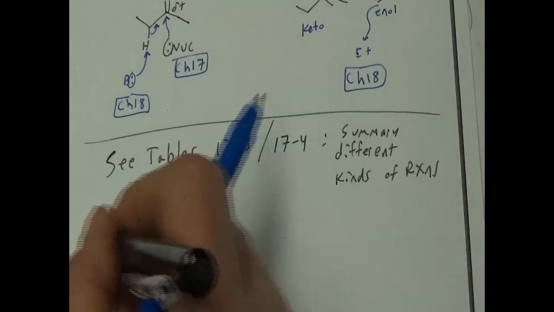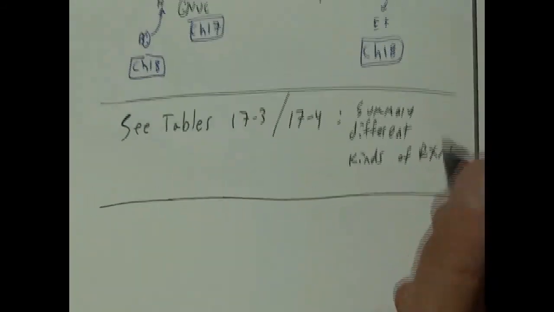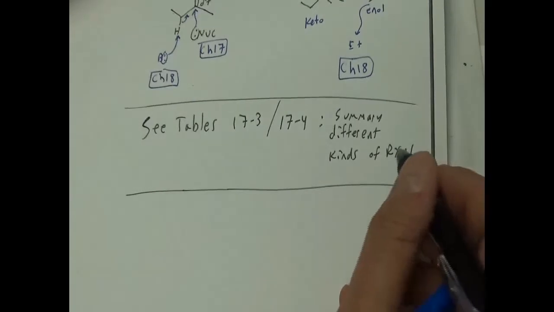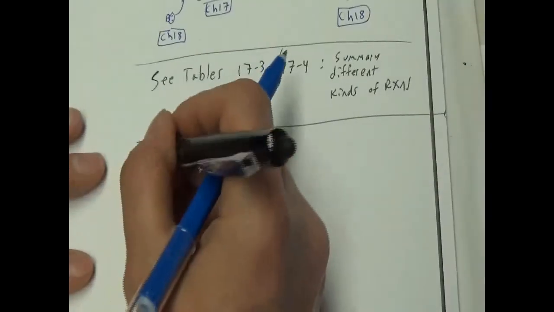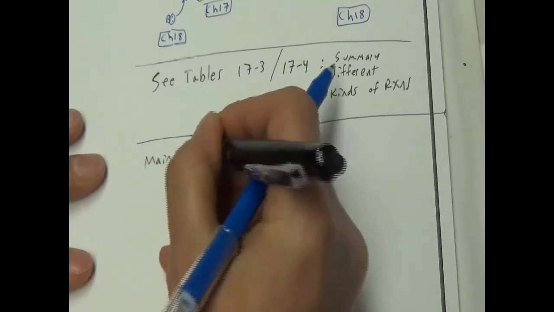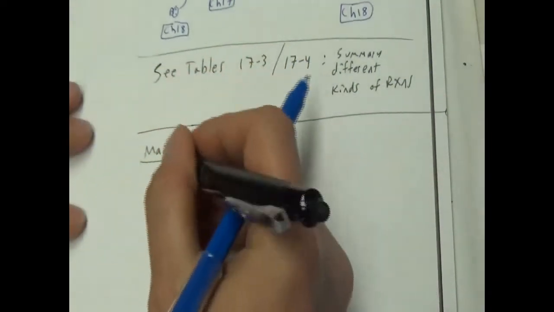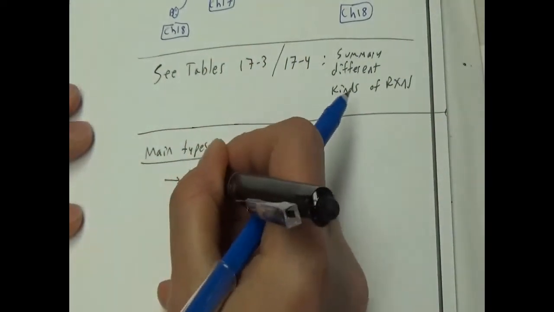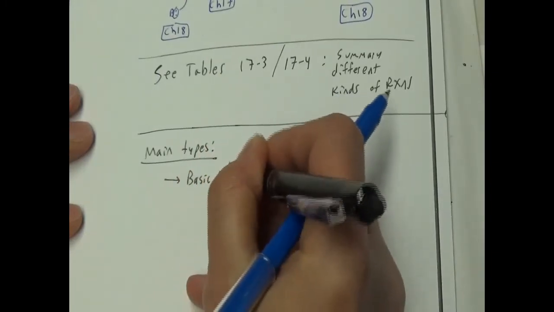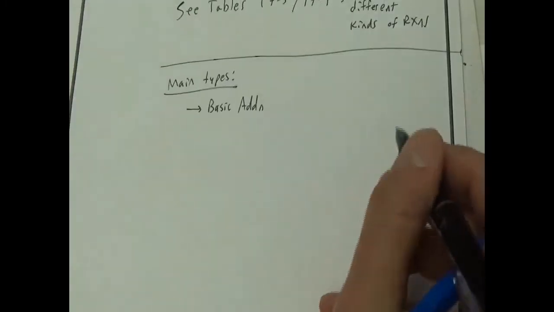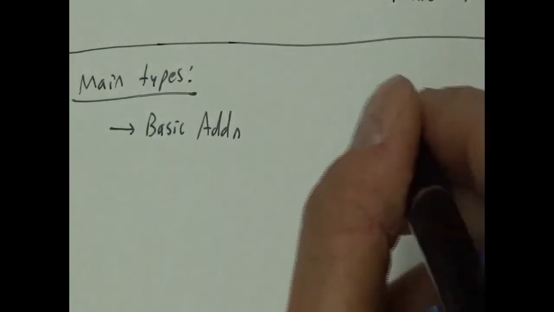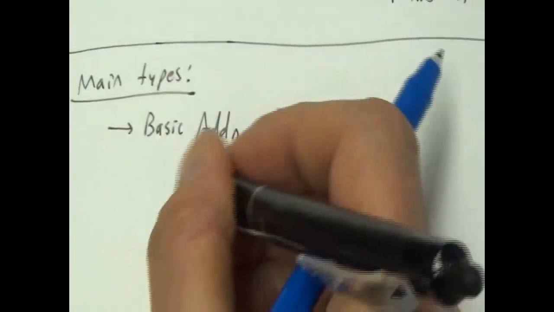Alright, so for me summarizing it right now, the main types of reactivity for this chapter are going to be what I call basic addition. By basic I mean a base type, basic nucleophile we'll say.